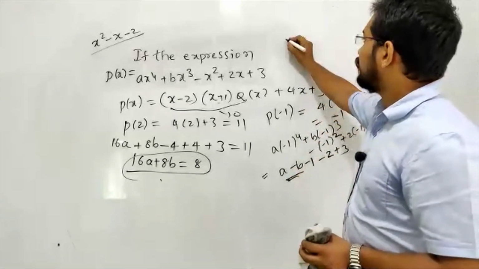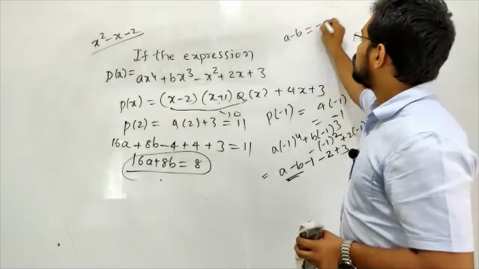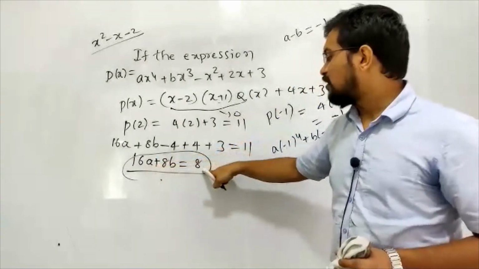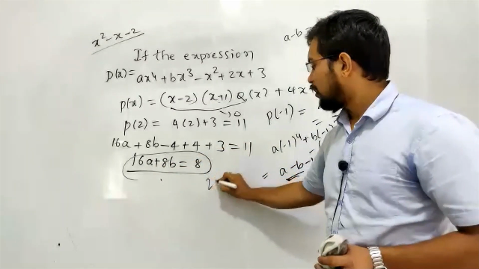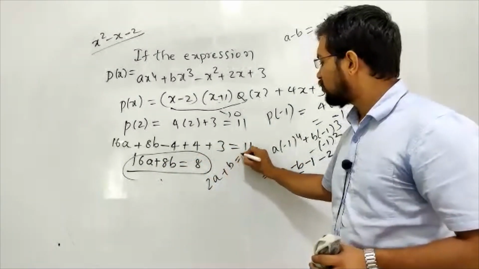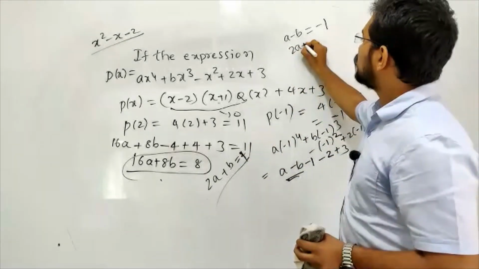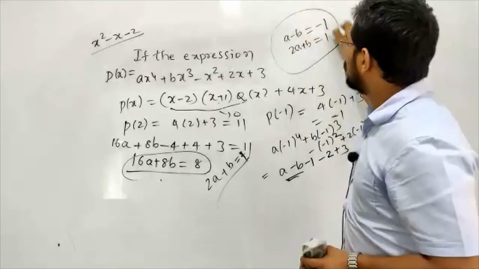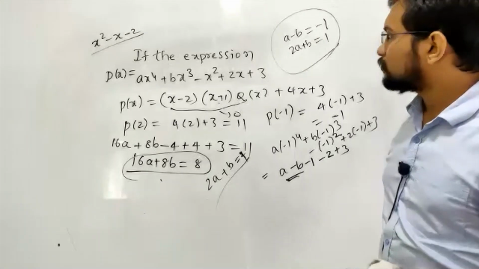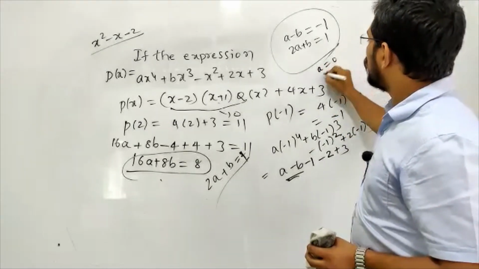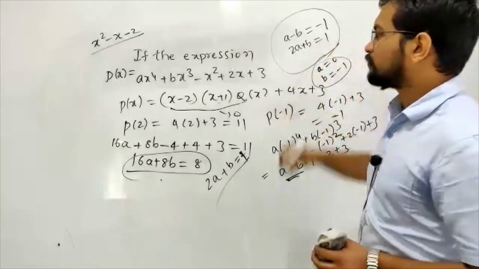So a minus b is minus 1, and 16a plus 8b is 8. So 2a plus b is 1. So you'll get a equal to 0, b is equal to 1.